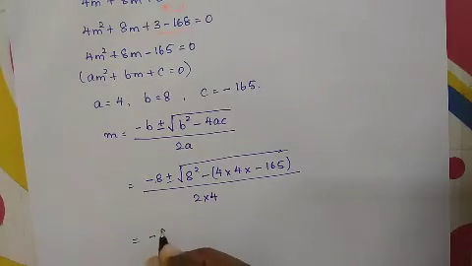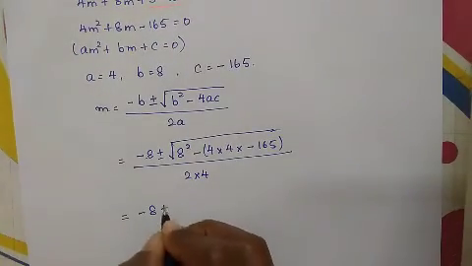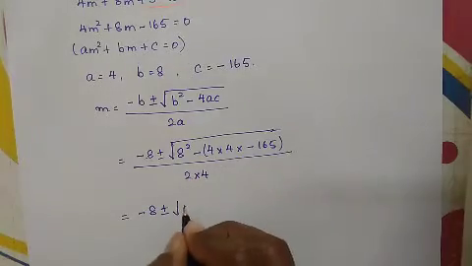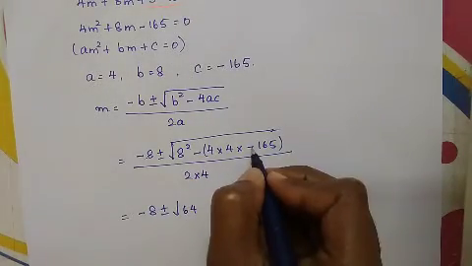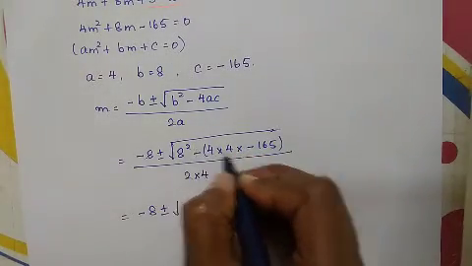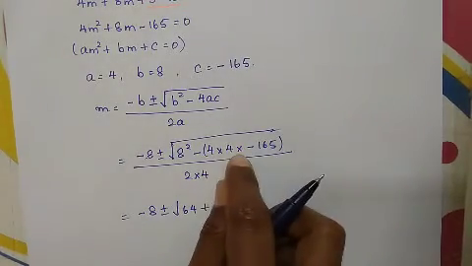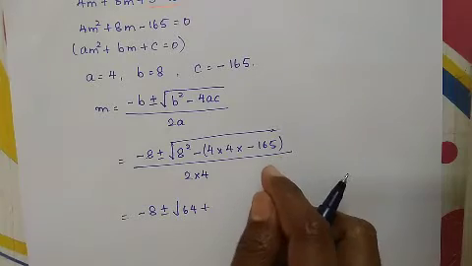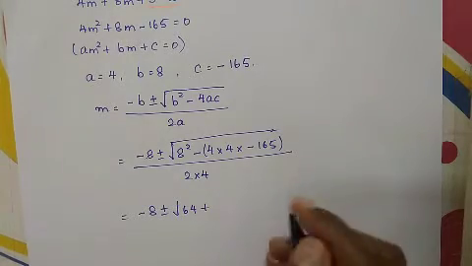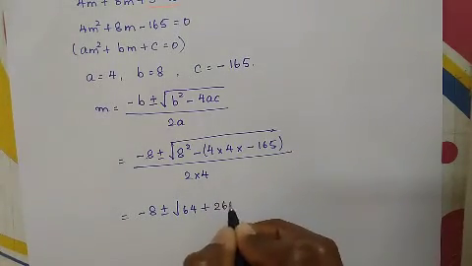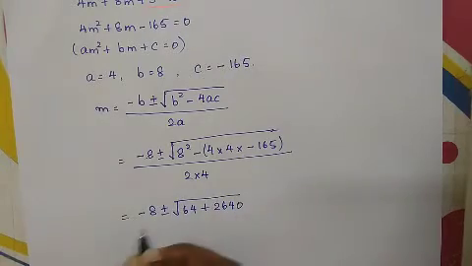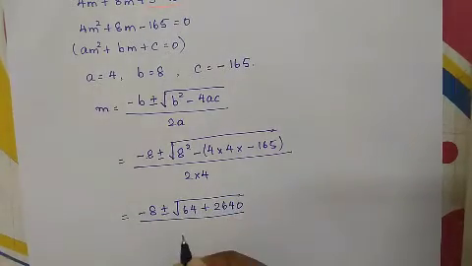That is equal to minus 8 plus or minus square root of 8 square is 64. If I take this negative sign outside, then minus into minus will be plus 4 into 4 into 165. You calculate it, it will be 2640, divided by 2 4s are 8.